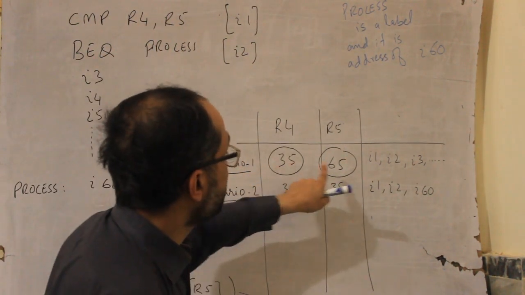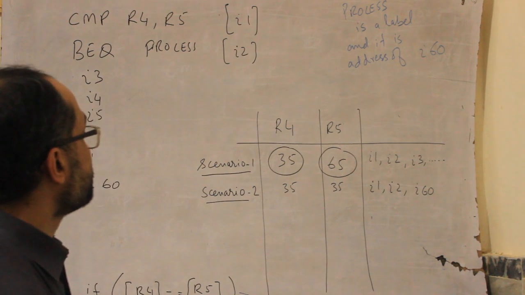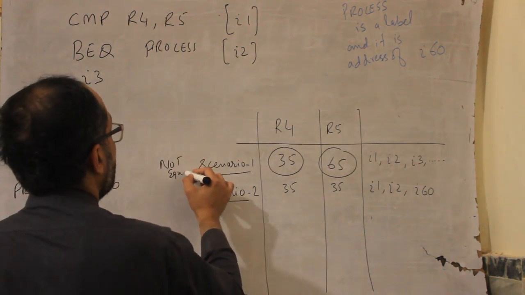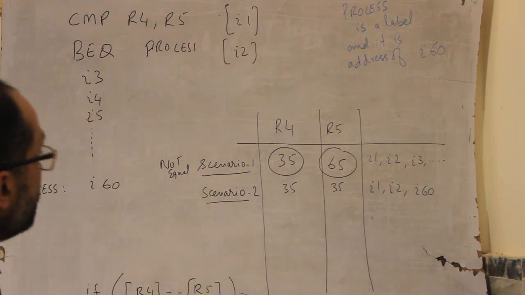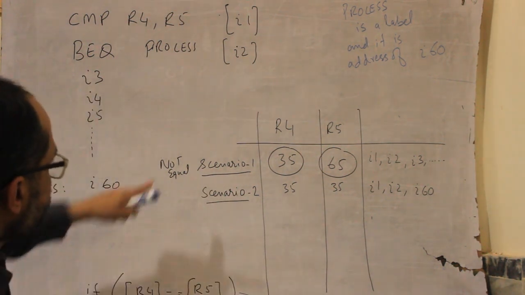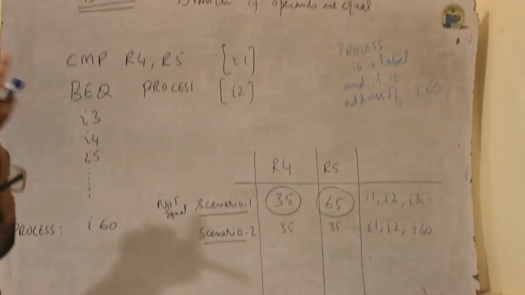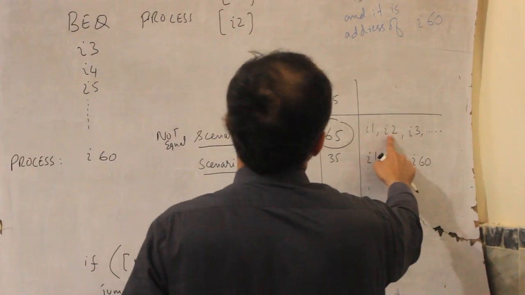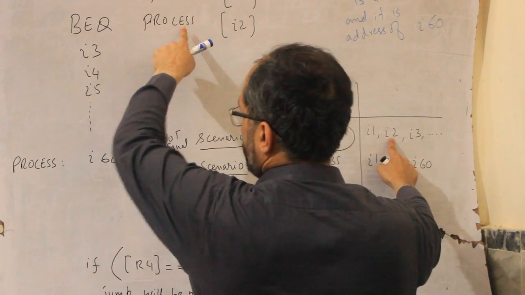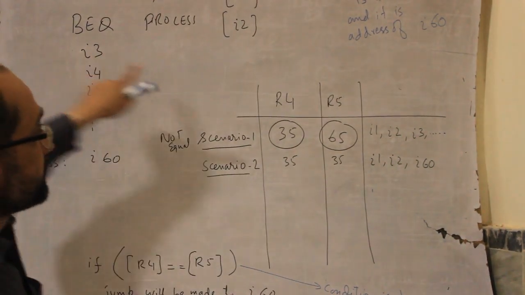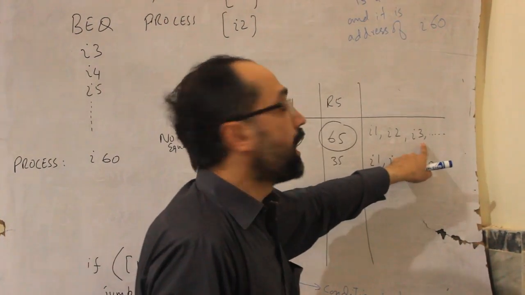If you compare 35 with 65, they are not equal, so the condition will be false. The sequence of instructions executed: first I1, then I2, and the condition is false, so the jump will not be made, and the next instruction executed is I3.